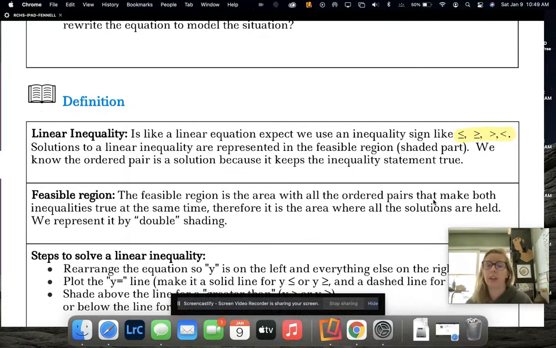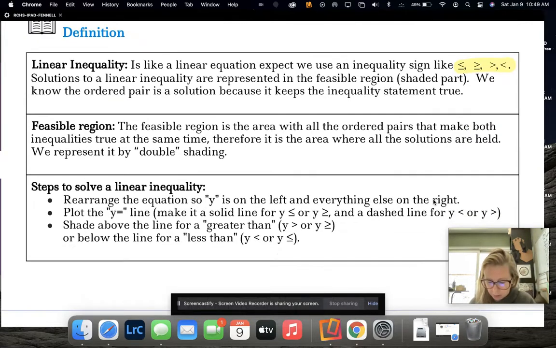We call the area that holds the solutions the feasible region. Feasible meaning possible. So when you think about possible solutions, they are found in the feasible region where these solutions can live. So when we graph these and shade them, the shaded region holds all the answers and is called the feasible region.